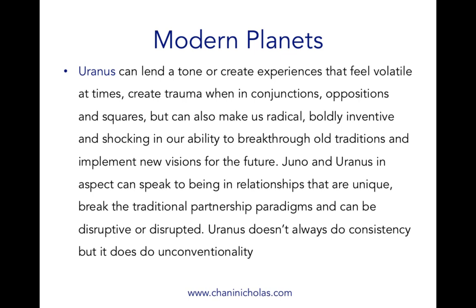Uranus can lend a tone or create experiences that feel volatile at times, create trauma when in conjunctions, oppositions, and squares, but can also make us radical, boldly inventive, and shocking in our ability to break through old traditions and implement new visions for the future. Juno and Uranus in aspect can speak to being in relationships that are unique, break the traditional partnership paradigms, and can be disruptive or disrupted. Uranus doesn't always do consistency, but it does unconventionality.